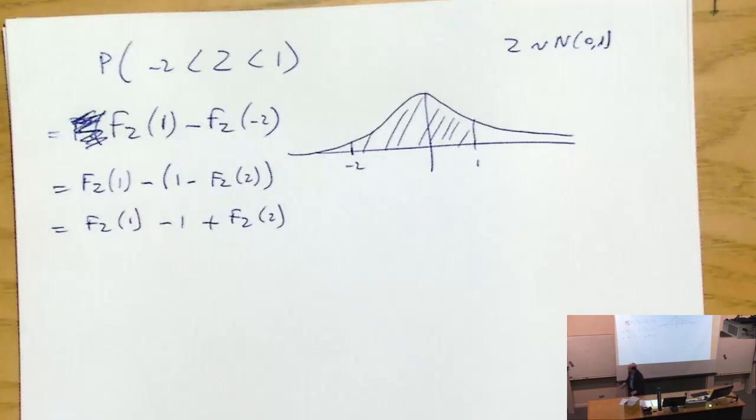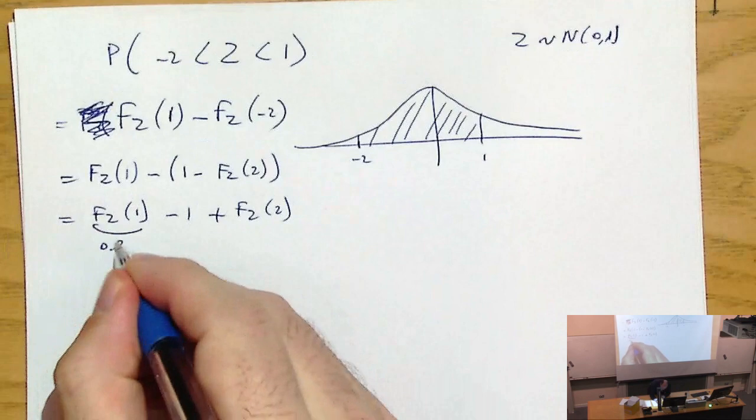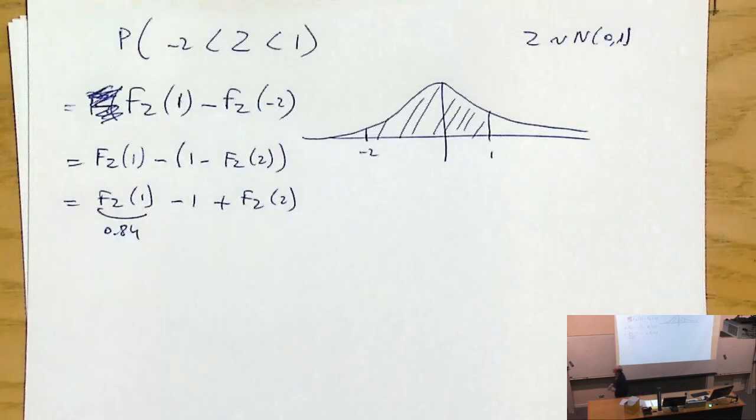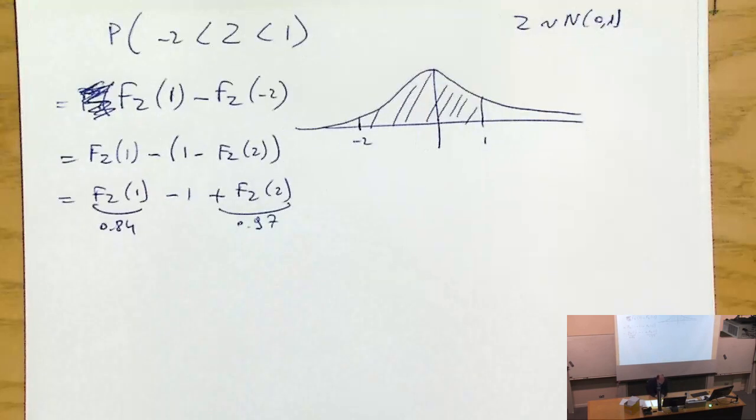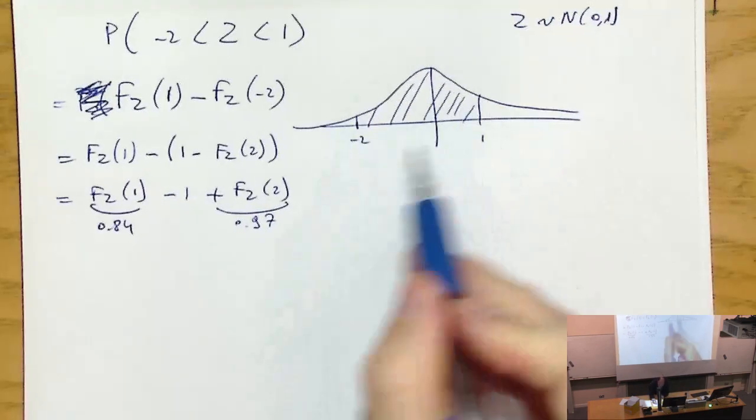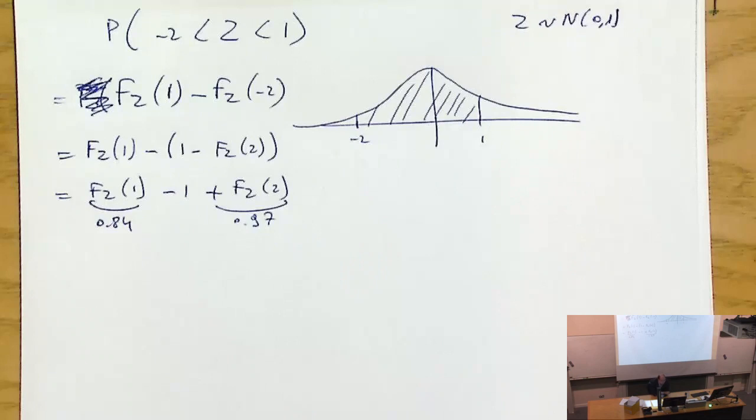F_Z of 1 is here somewhere, right? 0.84. So this is 0.84. F_Z at 2 is up there, 0.97, right? And by doing this, you compute the probability of having the standard normal random variable within that interval. Okay?